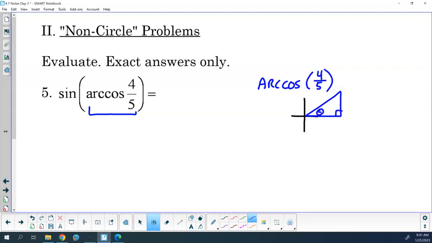I've got this theta. I know that in that triangle, because I'm dealing with cosine, that cosine is adjacent over hypotenuse. Which means, because I know the Pythagorean theorem, that this missing side is 3.